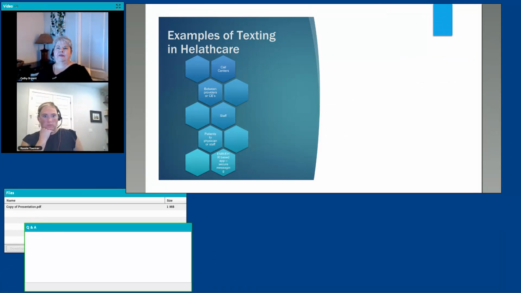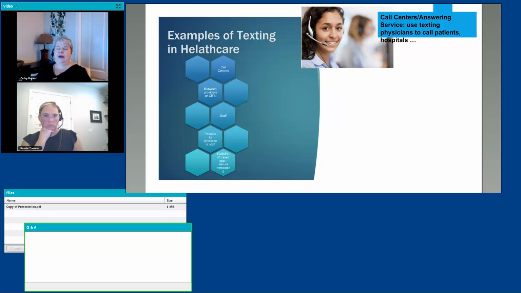So let's take a look at a couple of common examples of where texting is used in healthcare. Probably one of the most common places is call centers or answering services. They often use text messaging to send a message to a provider that a patient has called. Sometimes it goes into more detail, such as: the patient called, is concerned about a certain situation, please call them back at a phone number.